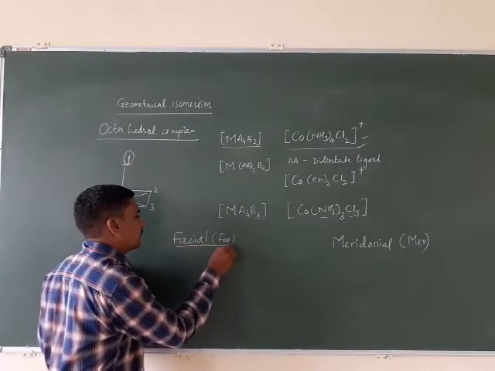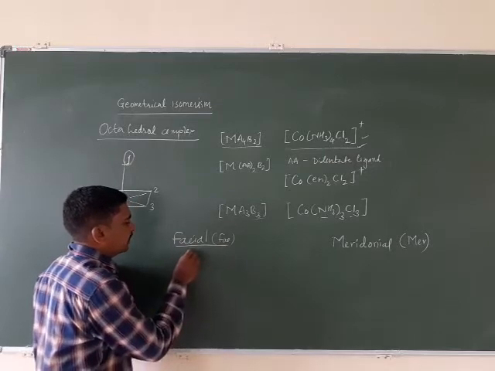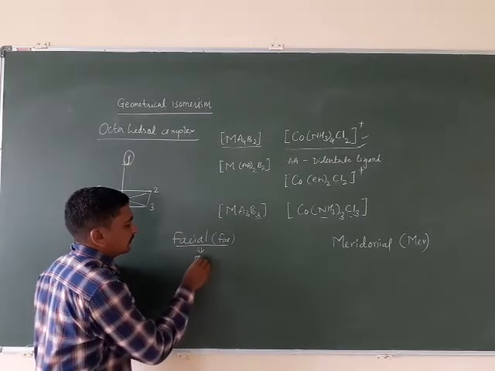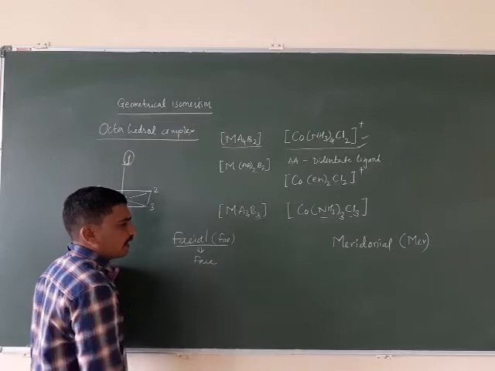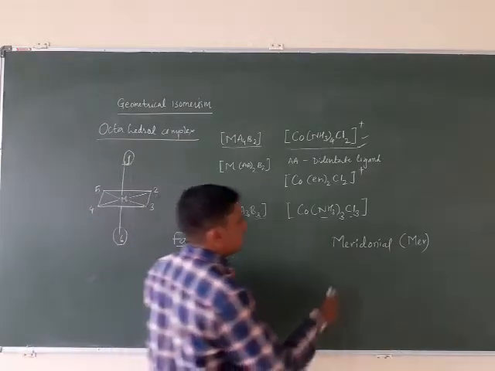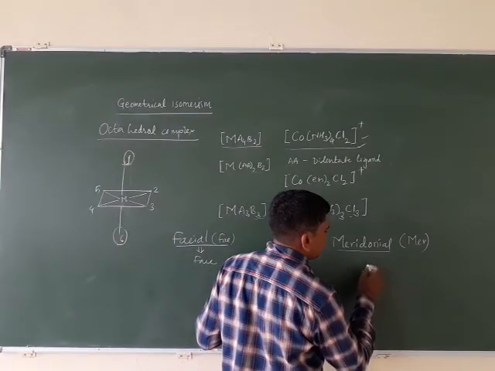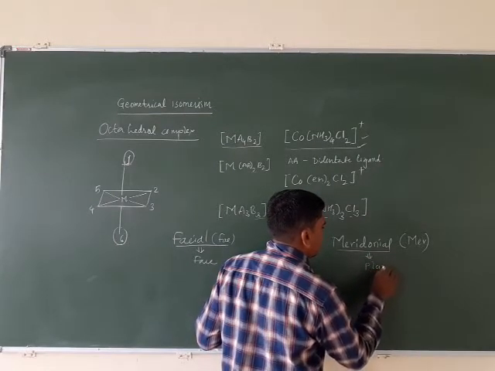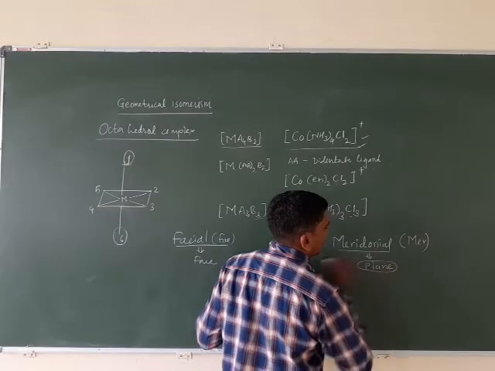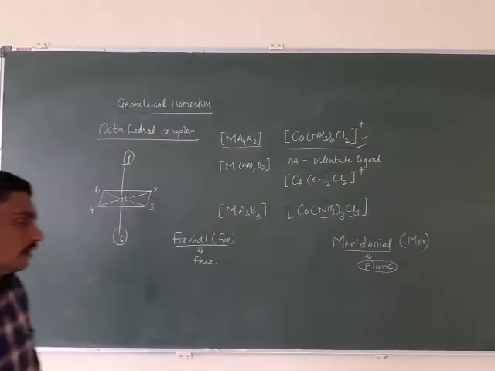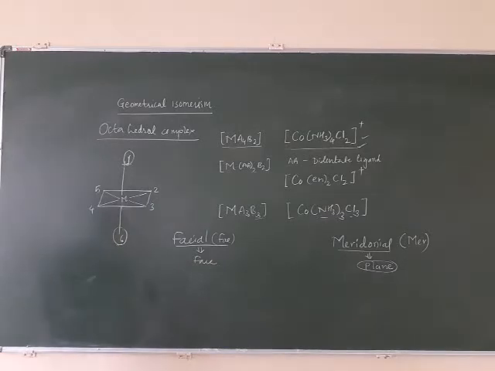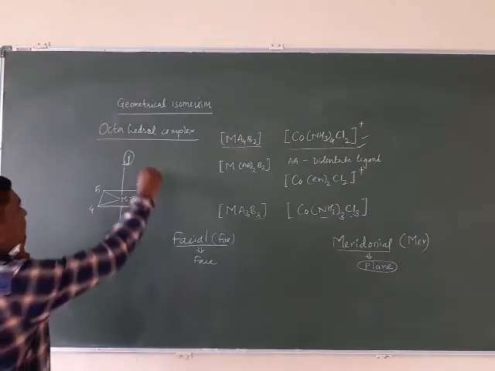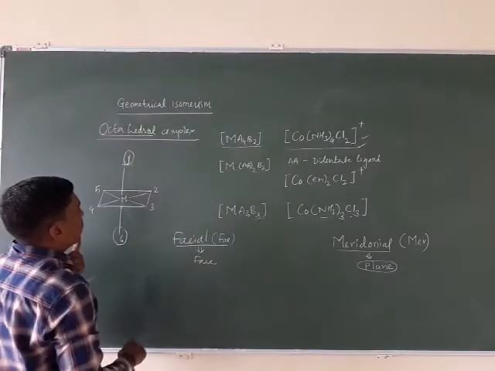What is meant by facial? Facial means face. And what is meant by meridional? Meridional means central plane, a plane or a line. So we are discussing the octahedral complexes.